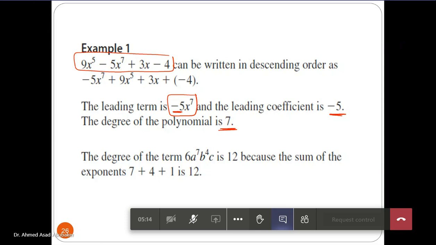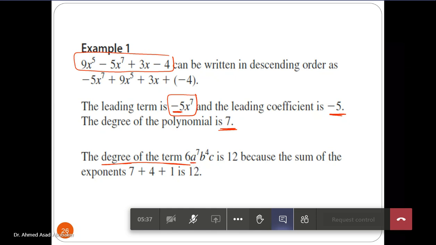Okay? But this is in one variable. If we have many variables in the term, how can we find the degree of the term? The degree of the term is the sum of all exponents.